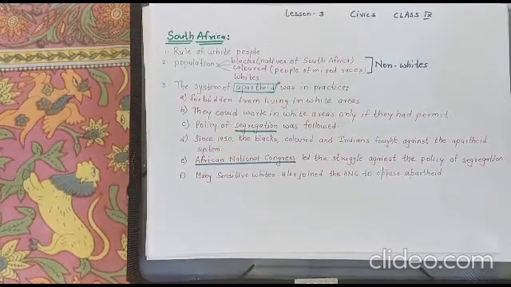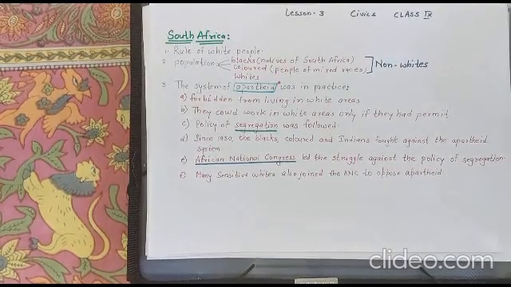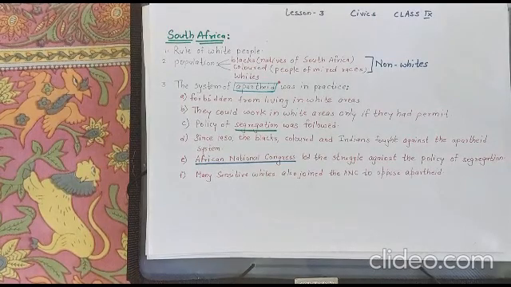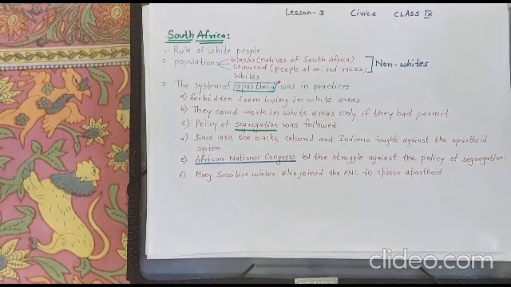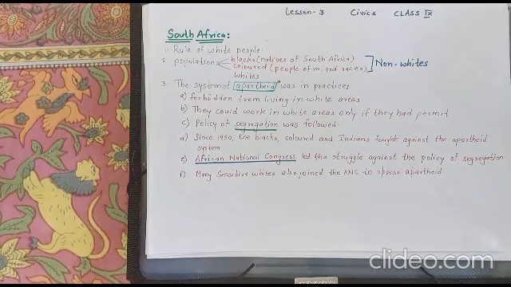There were many sensitive whites who had realized that whatever was being done by the white government was unjust, and therefore they also joined this struggle against apartheid. And several countries also announced that apartheid was unjust in nature and any kind of racism should not be practiced.